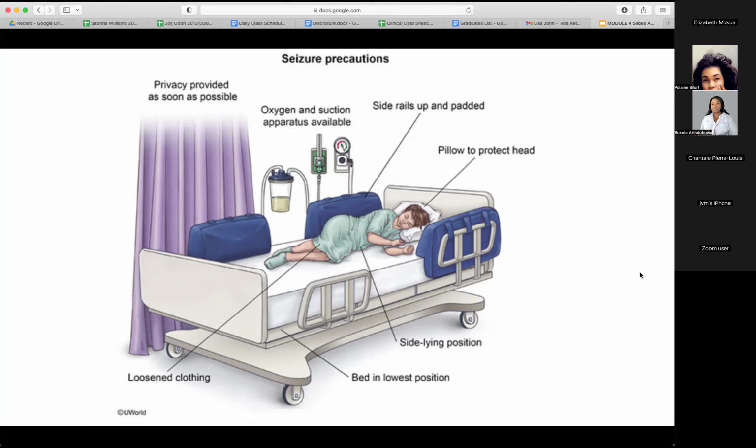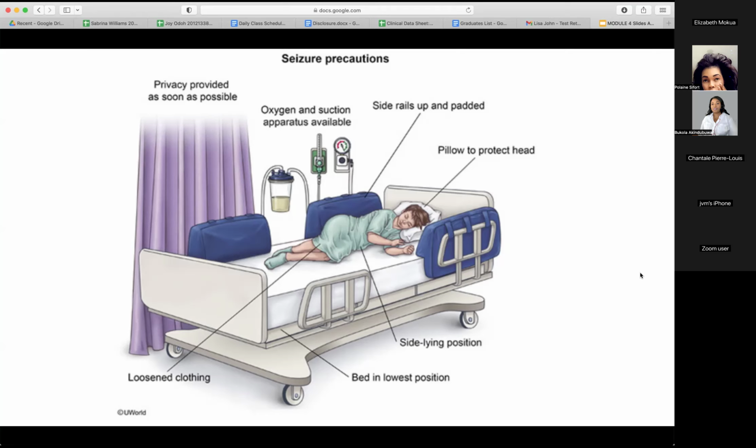For this, it doesn't matter which side they're on, but they're on their side, right? So we're going to call this side lying position, correct? Yes. What is another way to describe this? Would you say dorsal recumbent or lateral recumbent? Lateral. Beautiful. Lateral recumbent.